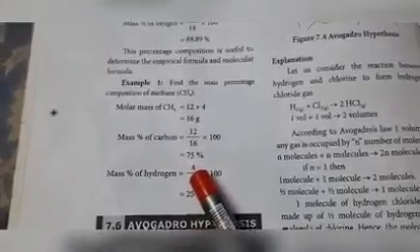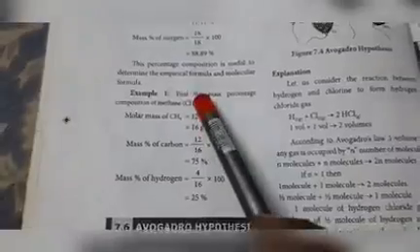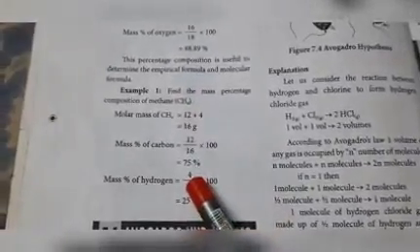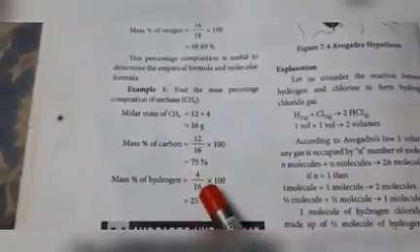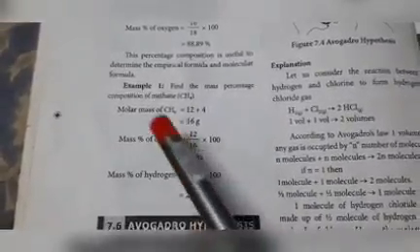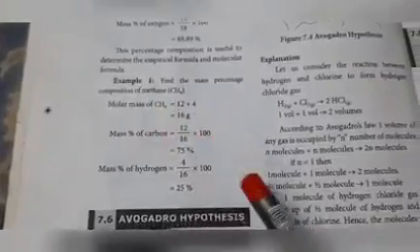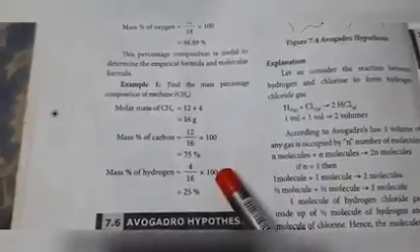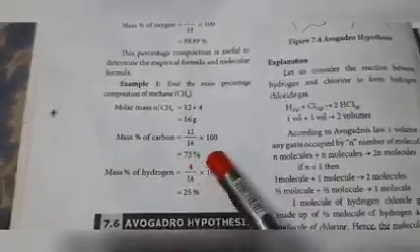For each hydrogen 1, totally 4 hydrogen are present, so total mass of hydrogen is 4. Already you know the molar mass of methane is 16 gram. So 4 by 16 into 100. If you simplify, you will get 25 percentage.